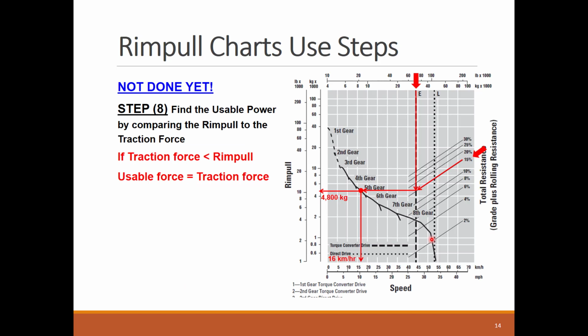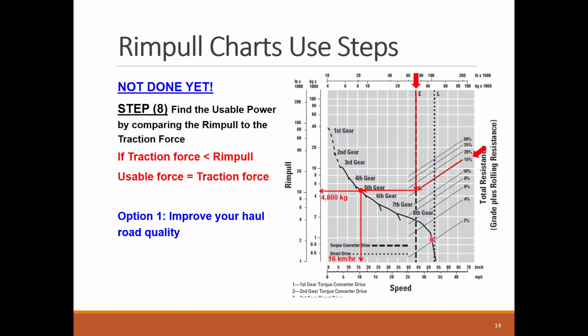If your traction force is low and controlling your usable power, you have two options. First, you can improve the haul road by installing road fabrics or dedicating graders and water trucks to maintain your haul road.